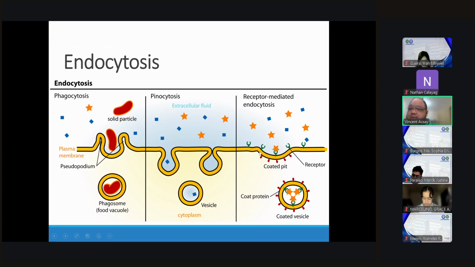Okay. So this, you see the red dots, these are examples. This is another diagram of caveolae, and these are caveolin proteins that assist in the formation of the vesicle.